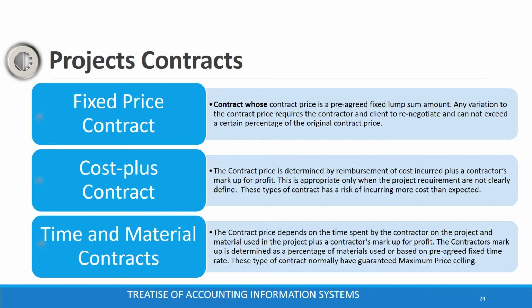Lastly, in time and material contract, the contract price depends on the time spent by the contractor on the project and materials used in the project plus a contractor's markup for profit. The contractor's markup for profit is determined as a percentage of materials used or based on a pre-agreed fixed time rate. These types of contract normally have a guaranteed maximum price ceiling.